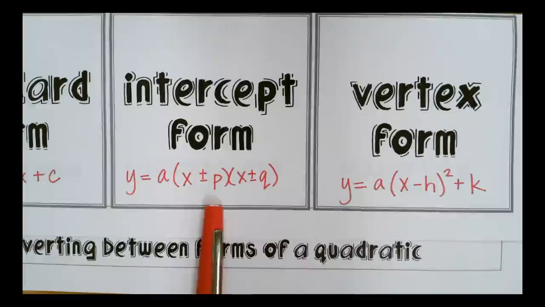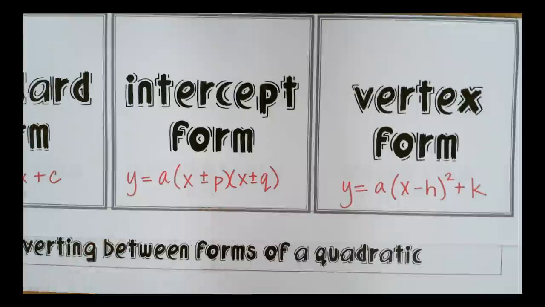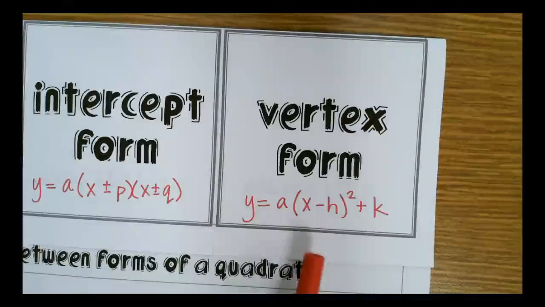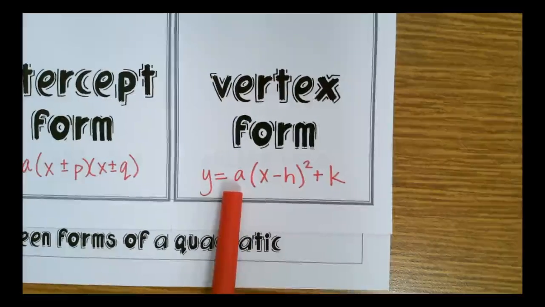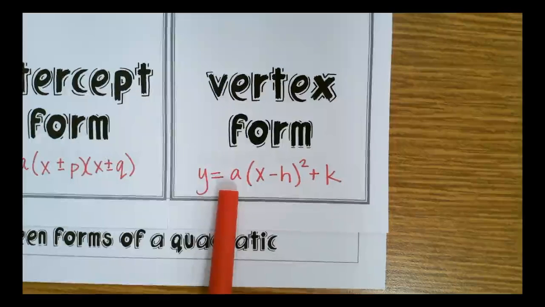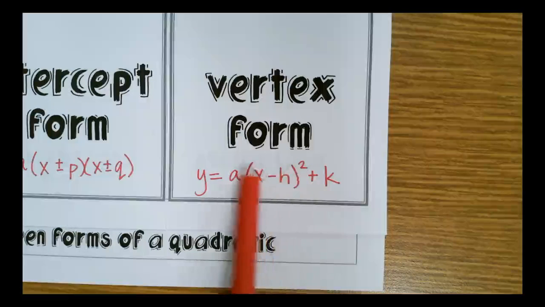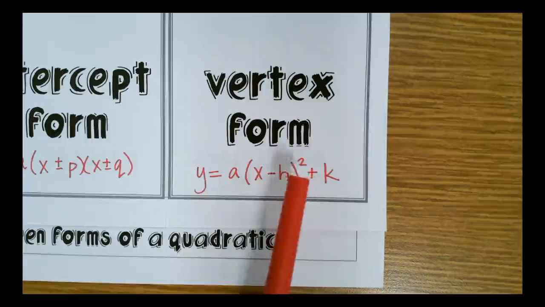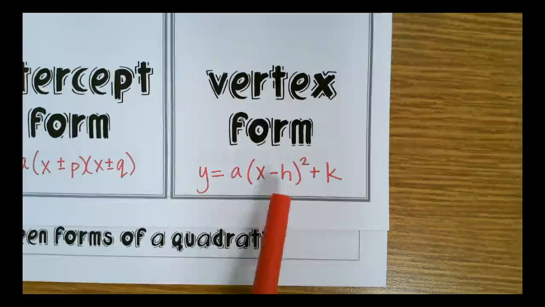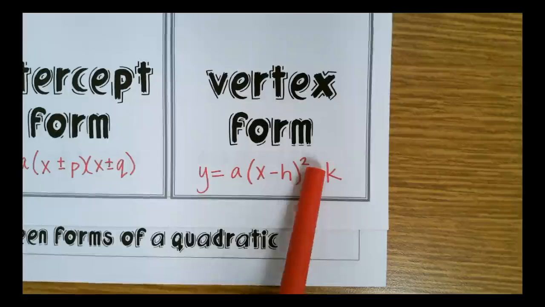Intercept form is factored form, so if it doesn't have an x squared and it's broken into parentheses, then we know that's intercept form. Vertex form has a GCF on the outside most of the time, not always. It doesn't have to. It could be one. But it's going to have one set of parentheses squared.